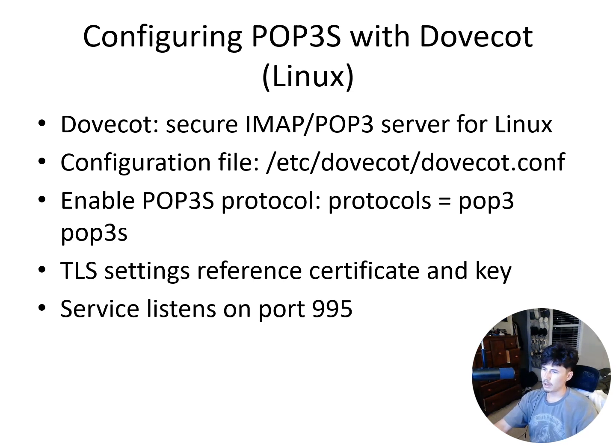To enable POP3S, the configuration specifies that both POP3 and POP3S should be active by setting protocols equal to pop3 and pop3s. Next, TLS settings must be defined by pointing to the appropriate certificate and private key on the server. Once this is done, Dovecot will begin listening for POP3S connections on port 995, and users can securely retrieve their mail with encryption enabled.